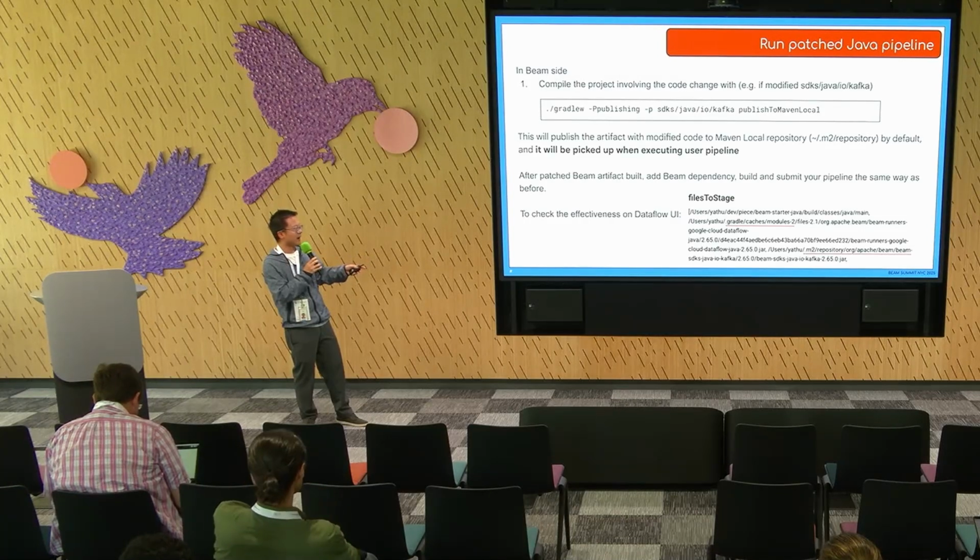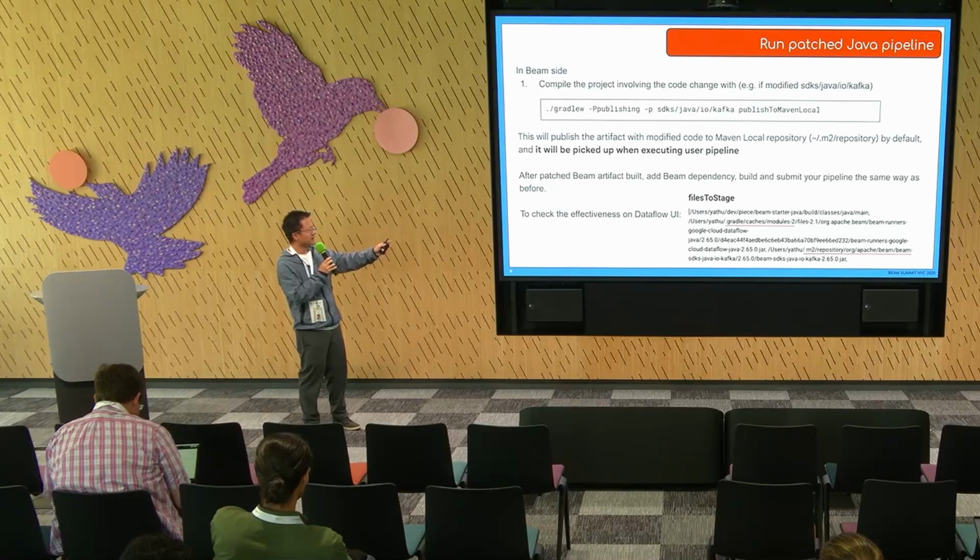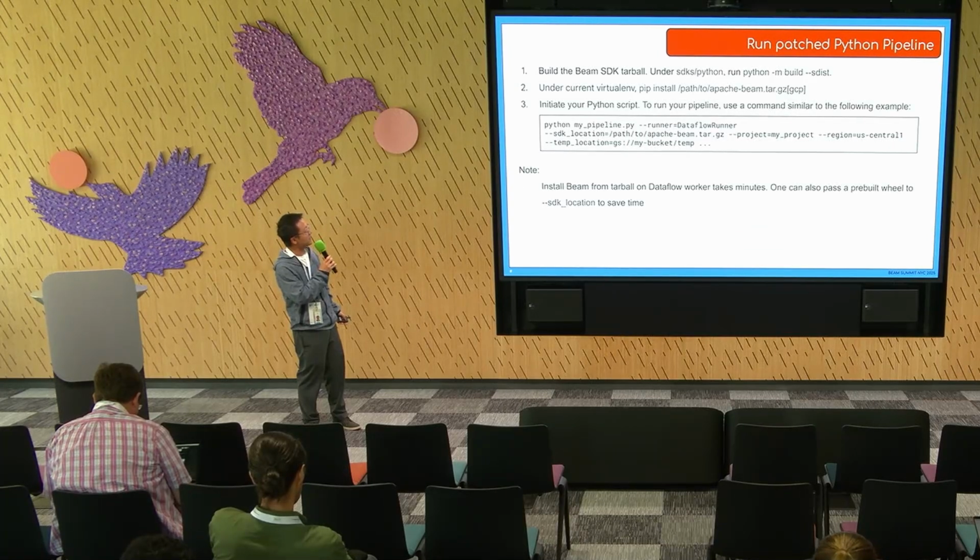If you expand it, you will find some other jar dependencies come from the Gradle cache because it is a Gradle project, but there is one that you just built that comes from your own Maven repository. You can confirm, for example, that the Kafka IO jar comes from the command that you just ran. It does not come from the remote Maven repositories.